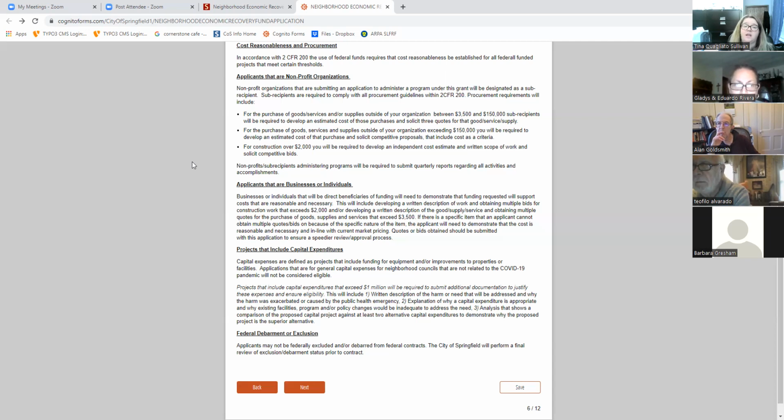Then, if you are going to be doing construction that exceeds $2,000, so you're going to be getting more than $2,000 in this funding from us to do construction, then you're required to develop an independent cost estimate, a written scope of that work, and solicit competitive bids for that work.